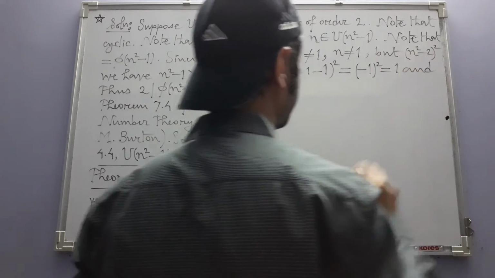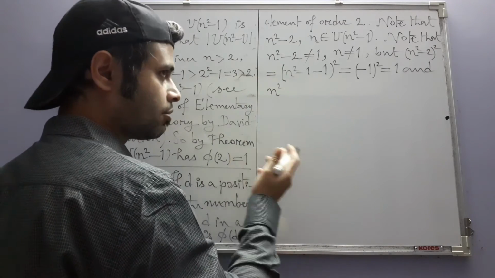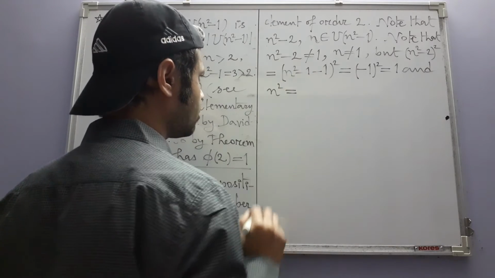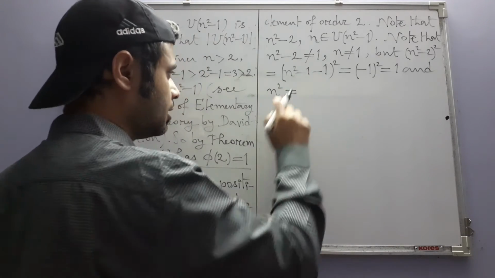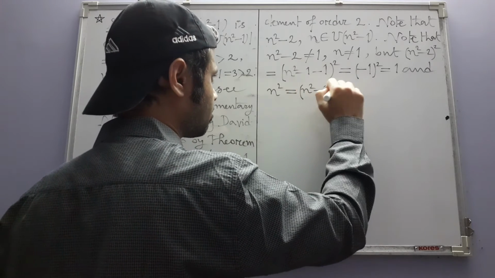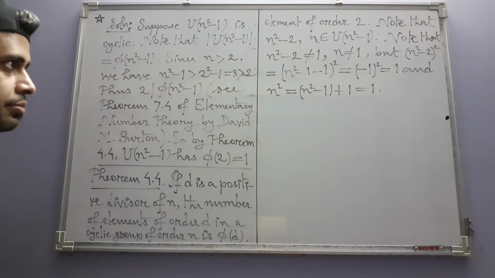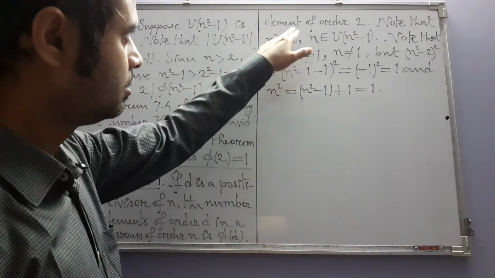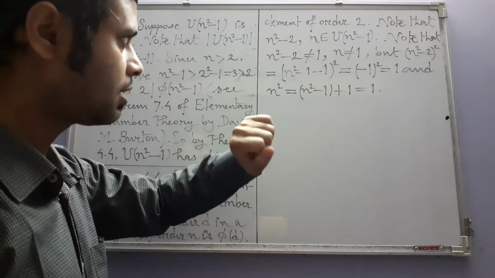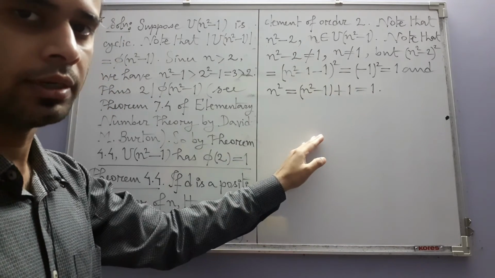And what about n square? We are calculating the second power of n also. Since n square is equal to n square minus 1 plus 1, this is also equal to 1. So we see that these two group elements themselves are not equal to the identity, but their squares are equal to the identity.